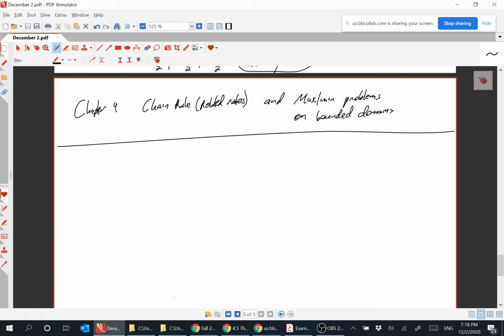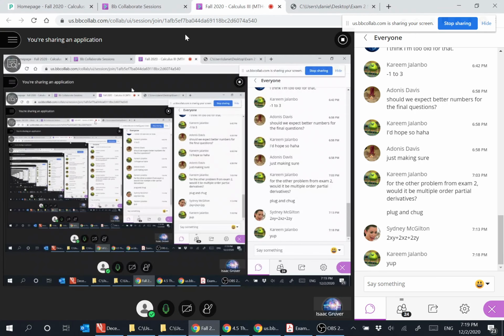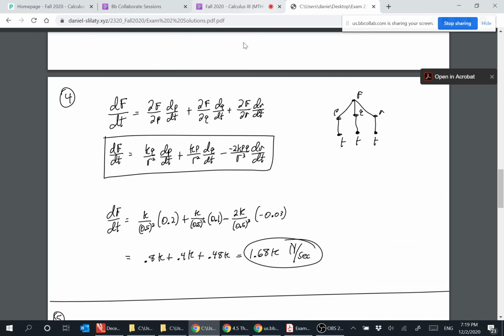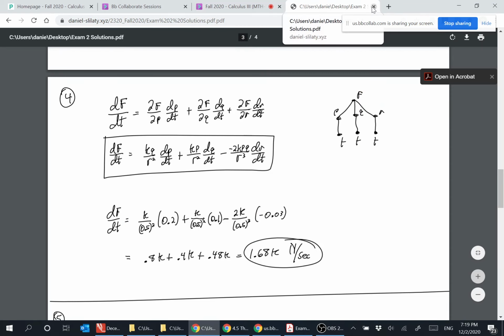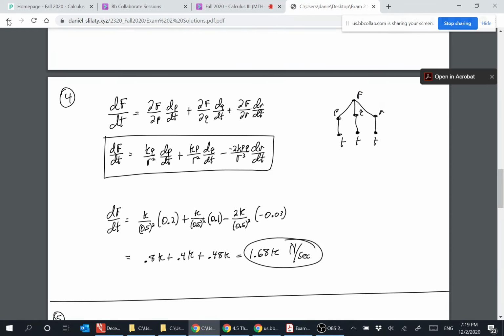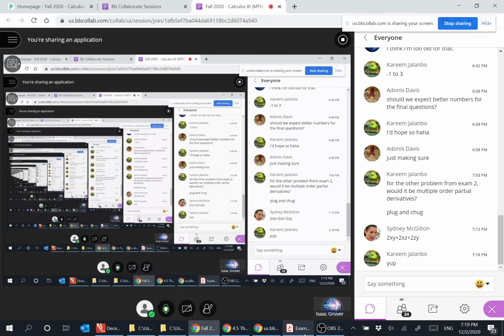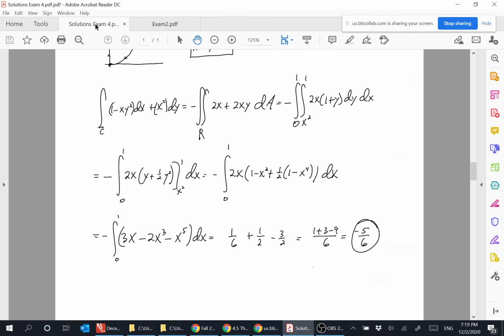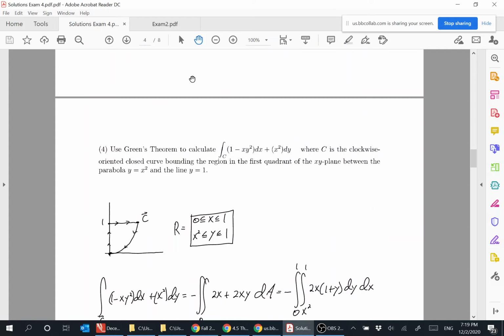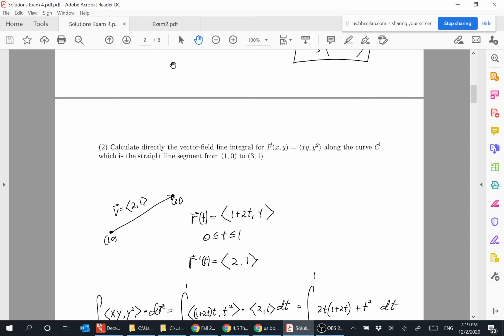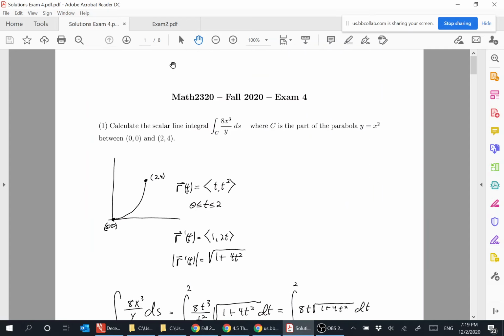All right, so for exam 4, oh, I don't have the solutions up yet. Where did I do it? Here they are. So for exam 4, I can't ask everything.